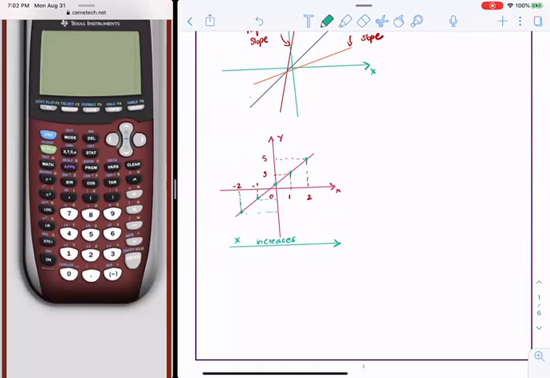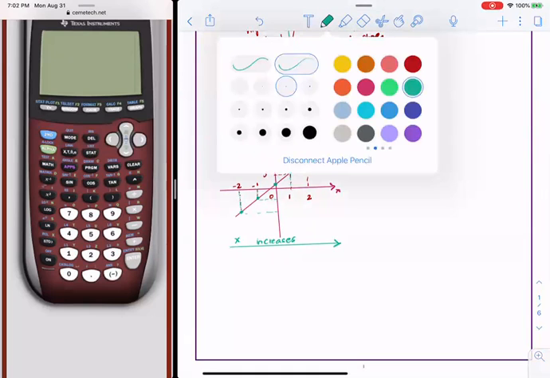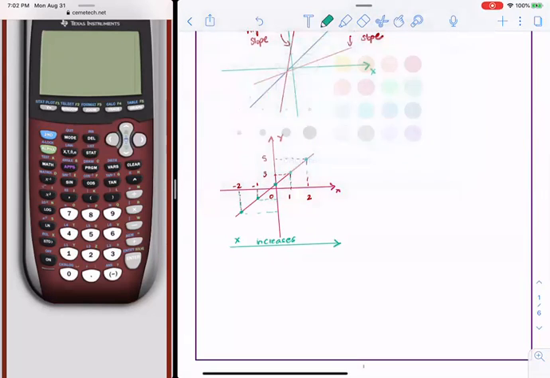So x is increasing, and y is increasing also.